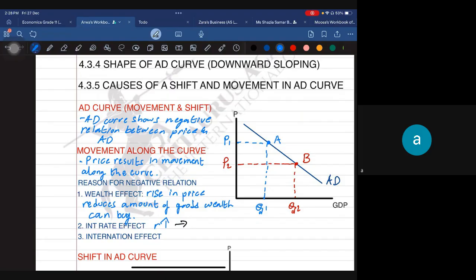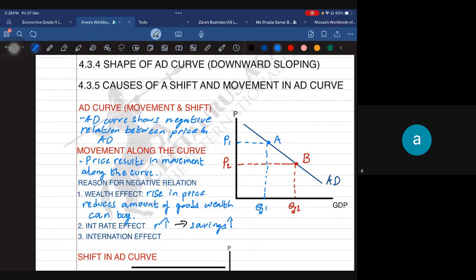If interest rates are high, what do people who have money do? Will they save? Yes, they will save. When the interest rate is higher, people will want to save more right now because there is a higher return on it.